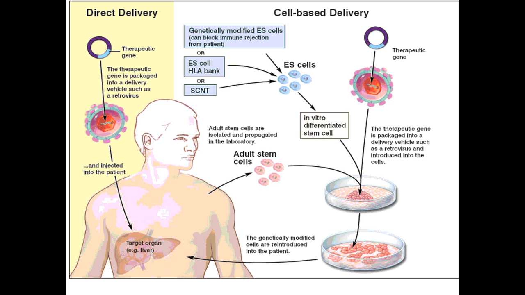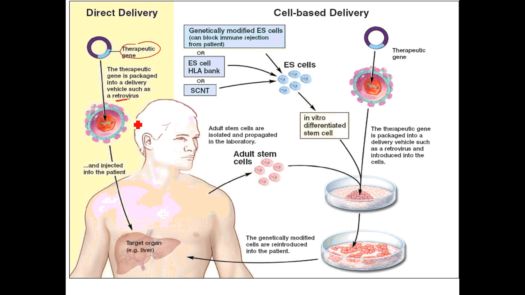A nice picture here shows a couple of different techniques. This one is called the in vivo technique, where we have the therapeutic gene that they have inserted into the DNA of this virus. This is what's called a retrovirus. Then they inject the virus into the person's body.